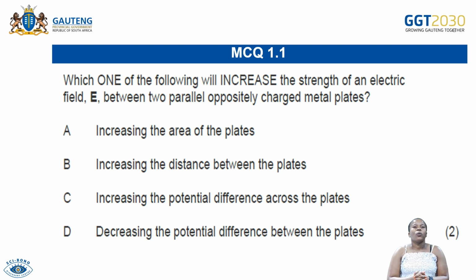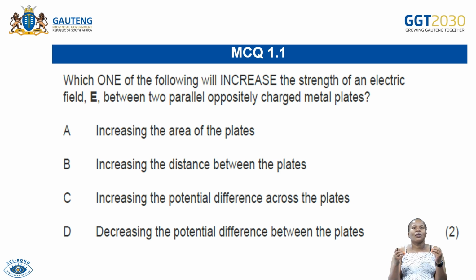It says, which one of the following will increase the strength of the electric field E between the 2 parallel oppositely charged metal plates? Okay, so you've got 2 oppositely charged metal plates, you've got your positive, you've got your negative as well.